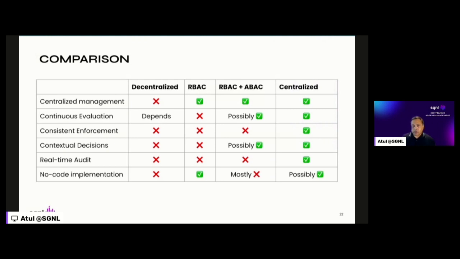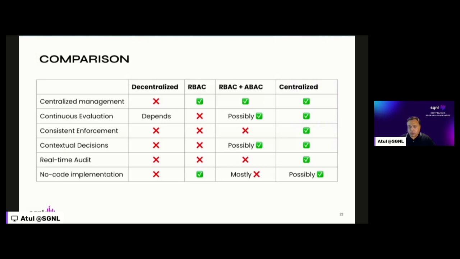You get continuous evaluation. If you're using RBAC or ABAC, there is the possibility of doing that, but then what you end up doing is writing a lot of custom code, and it's hard to maintain because those policies can change over time, and then you end up having to make changes to all these applications that are doing the continuous evaluation, right?